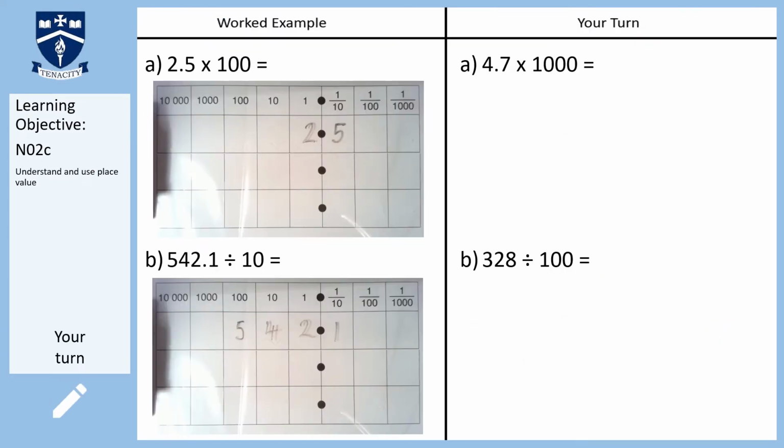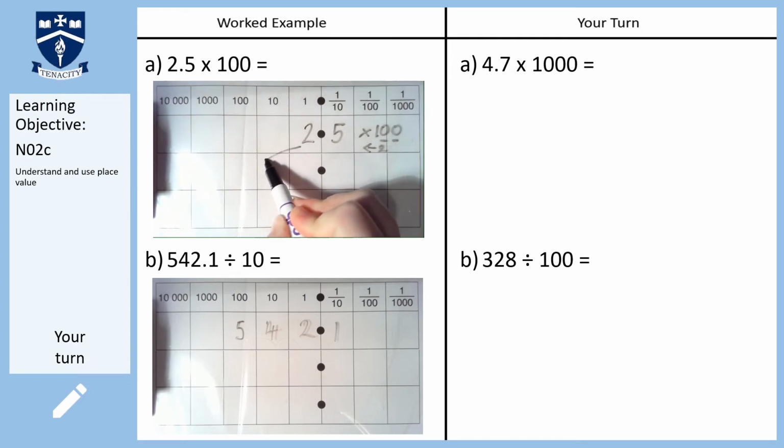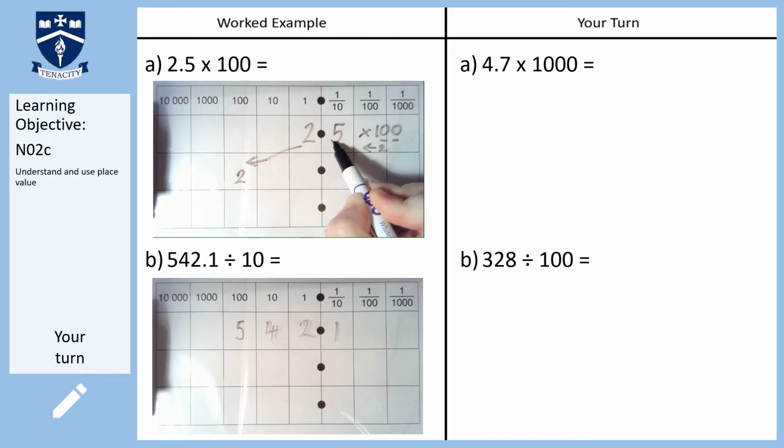Let's see how this works with an example. 2.5 times 100. If I'm multiplying, I'll move to the left and I'll move 2 spaces to the left. So all my digits will move 2 spaces to the left. So the 2 would move from the ones into the hundreds. And the 5 would move from the tenths into the tens.